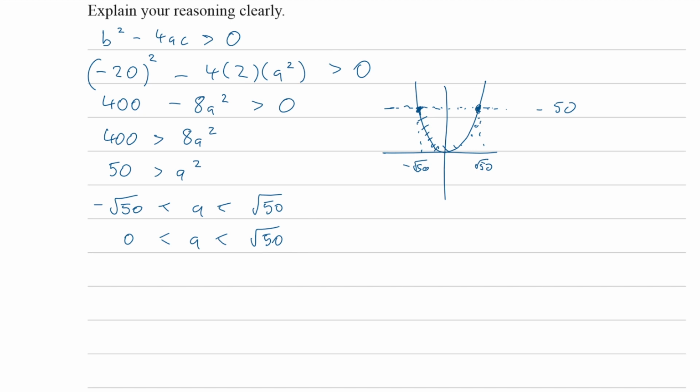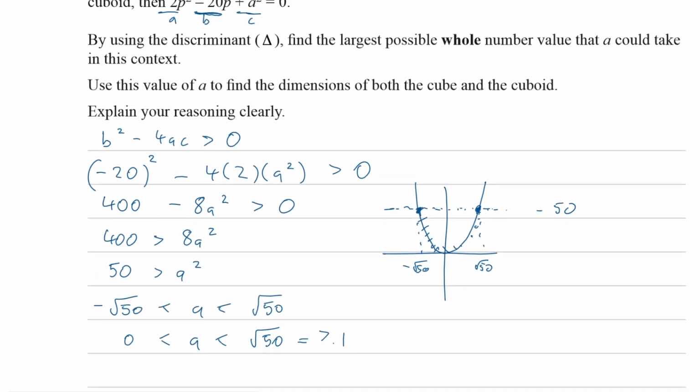And root 50 is approximately 7.1. And remember, the question is asking us the largest possible whole number.